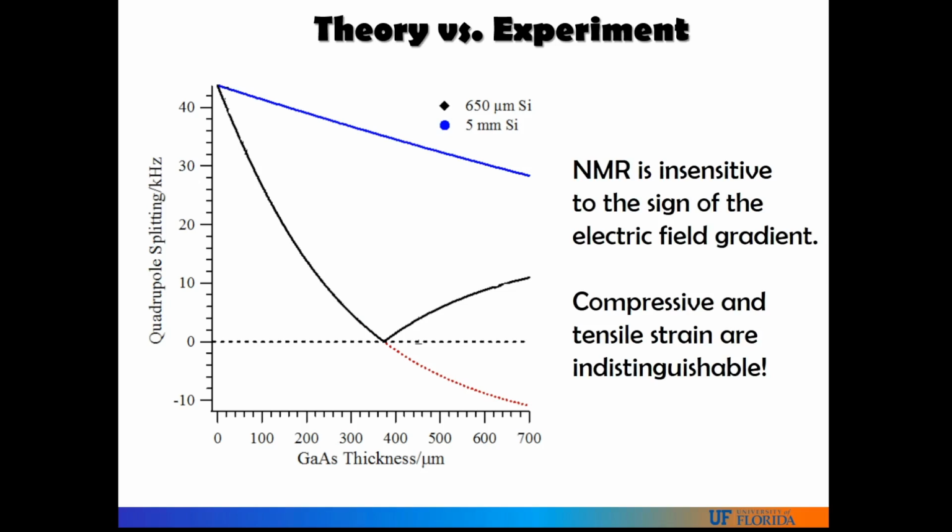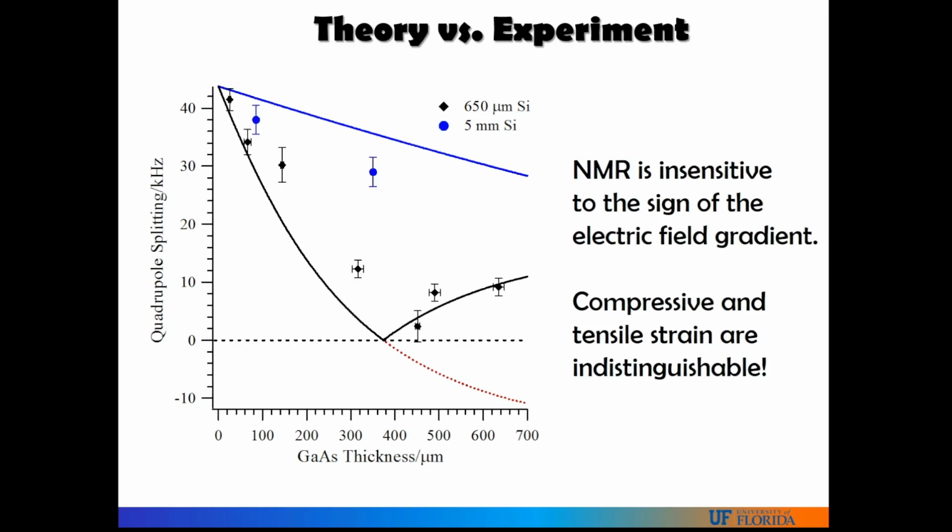You'll notice that this dotted line indicates that the sign of the quadrupole splitting should change, but NMR can't detect this sign. It's impossible to determine the sign of the quadrupole coupling by NMR. So we're just going to take the absolute value of the data and compare it with the absolute value of the theory. We get reasonably good agreement.